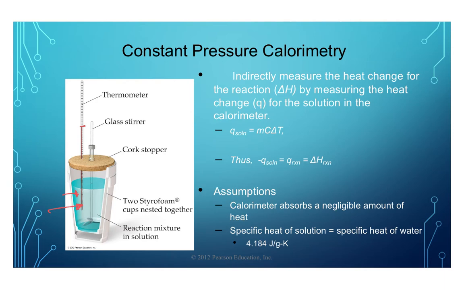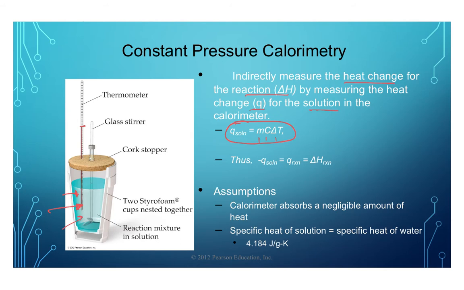So in other words, we indirectly measured the heat change for the reaction, the delta H, by measuring the heat change for the solution in the calorimeter, okay? How do we do that? Well, our good old friend MCAT helps us do that, right? So we know that the heat that is evolved or absorbed by the solution is equal to MC delta T, where M is the mass, C is the specific heat, delta T is the change in temperature. Okay, so that's the heat change for the solution.